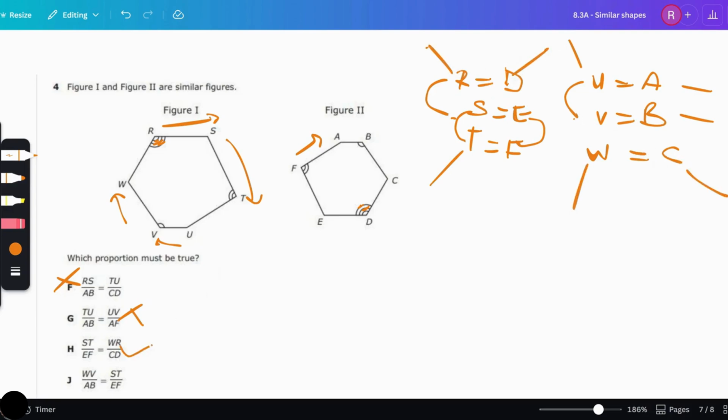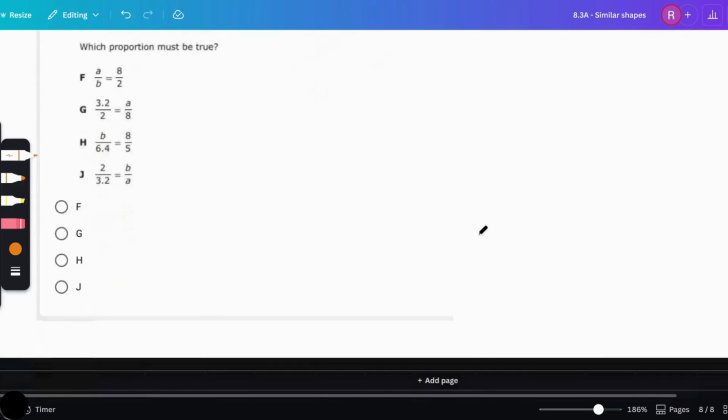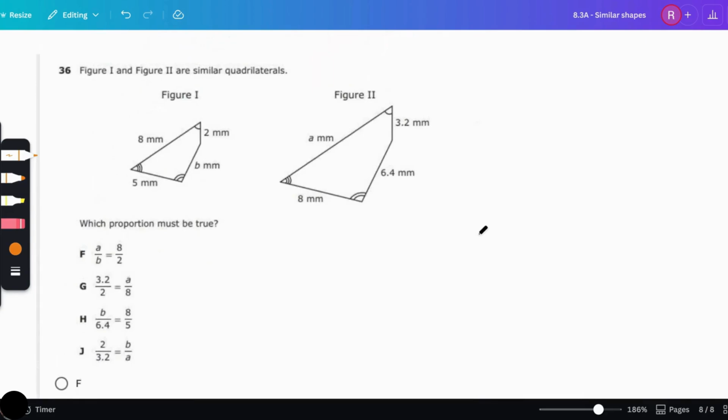So this one goes. ST over EF, you can see that they correspond, equals WR over CD. W corresponds to C, R corresponds to D. So that is the correct option. But for this one, WV is also wrong. This is WV, and then we now have AB here, ST here, and then EF. So that is wrong.